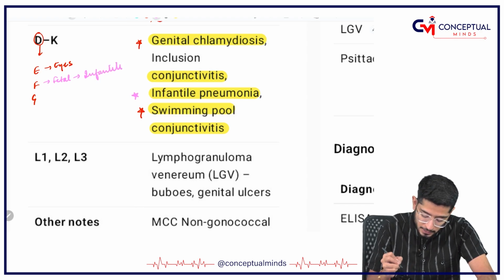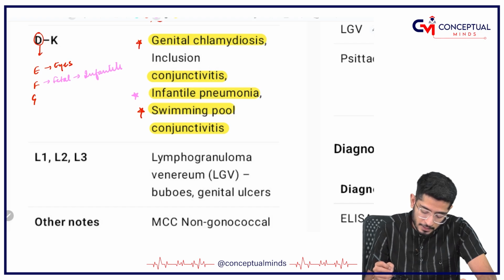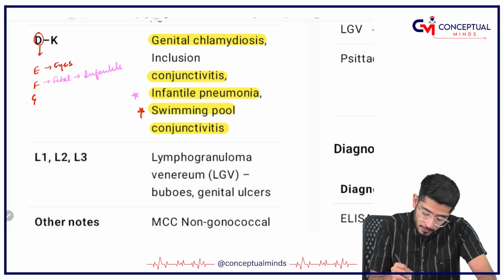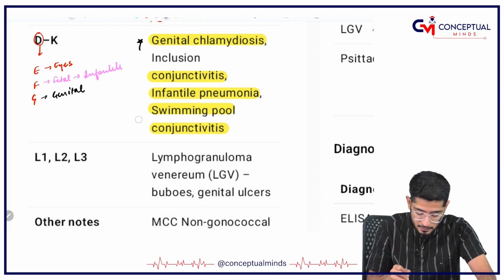Infantile pneumonia. And sorry, from eyes it was swimming pool conjunctivitis, from F fetal infantile pneumonia, and then one more is going to be your G. G means genital. So, genital chlamydiosis, this is the other one which is important.